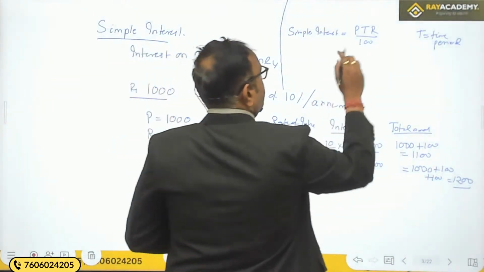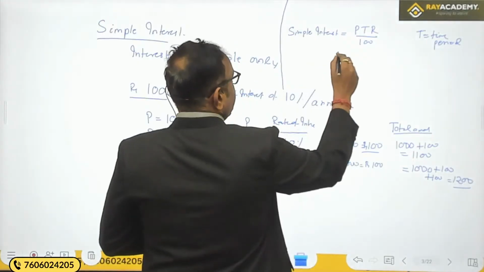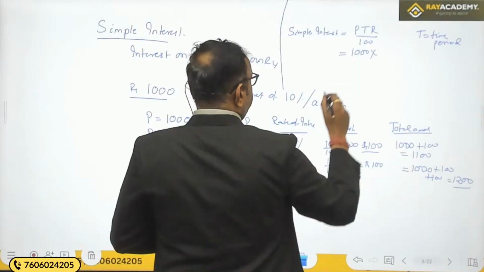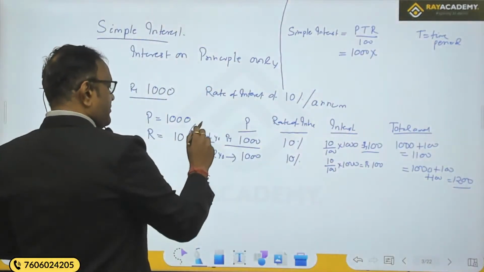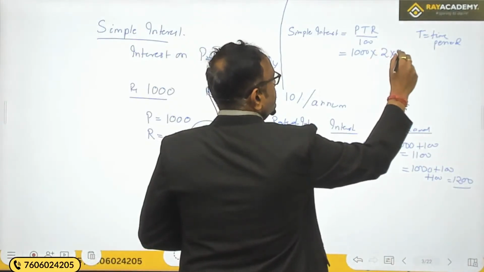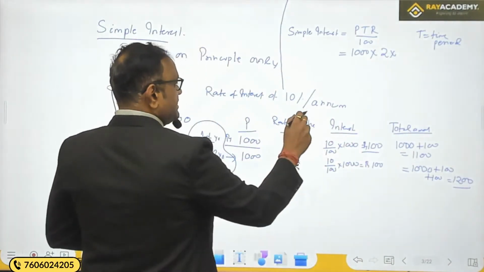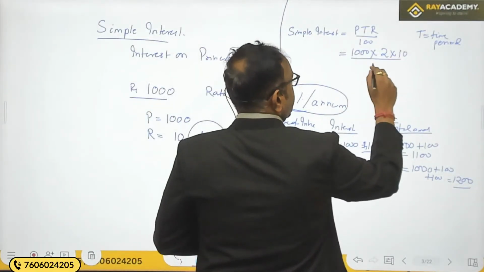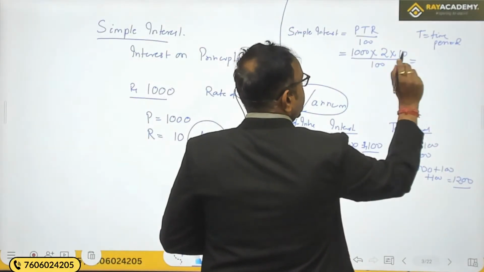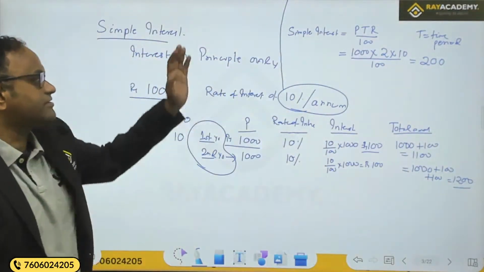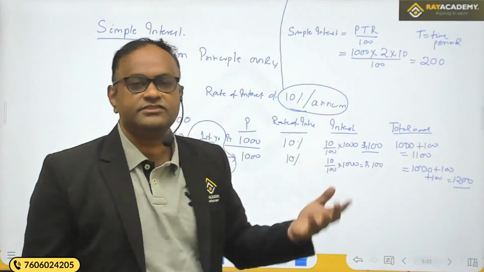And 100. So for this question, simple interest will be: P is 1,000, time period is 2 years, so 2 into the rate of interest 10, divided by 100. This will give you 200. So simple interest for 2 years is 200.